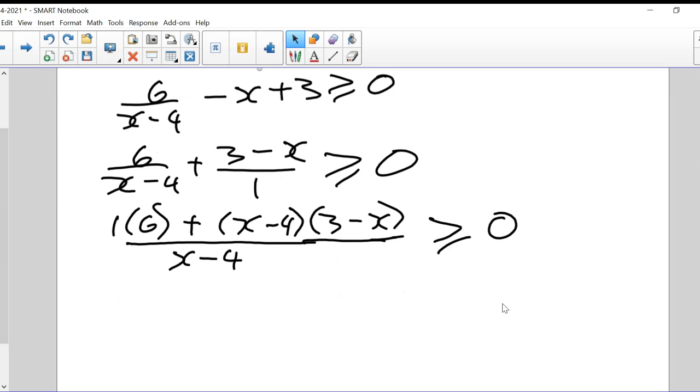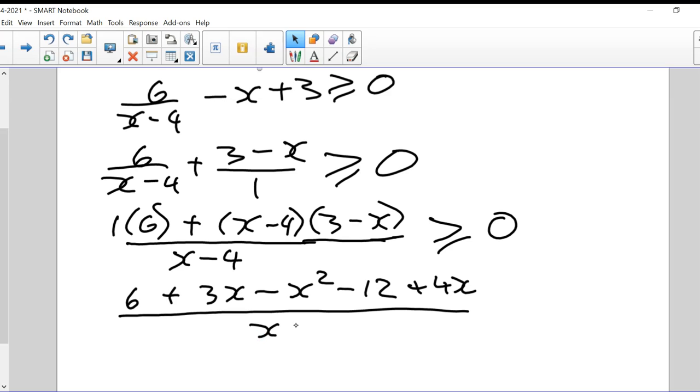Let's keep going. 1 times 6 is just simply 6. And let's multiply this out. So plus, that would be 3x minus x squared minus 12 plus 4x, all over x minus 4, greater than or equal to 0. Everybody with me so far still?